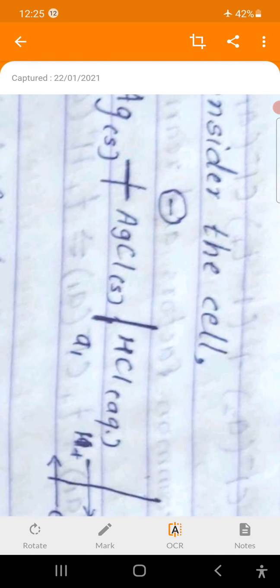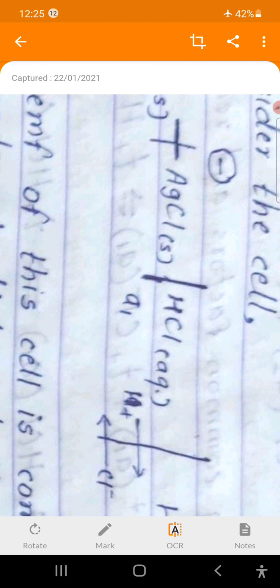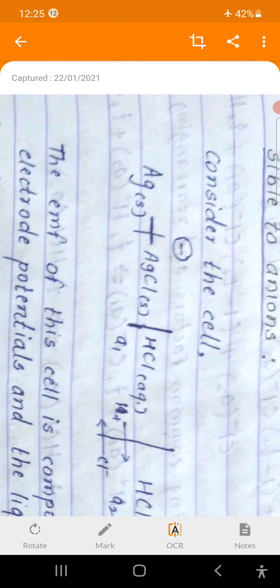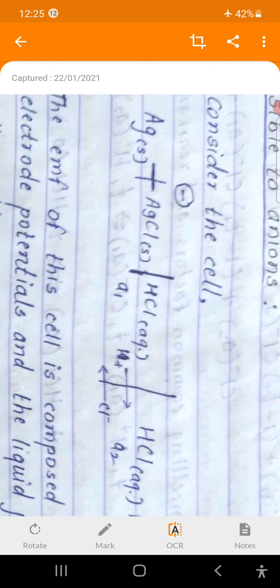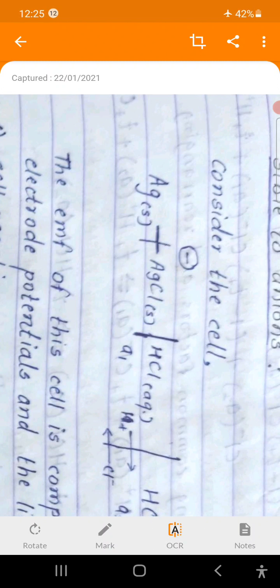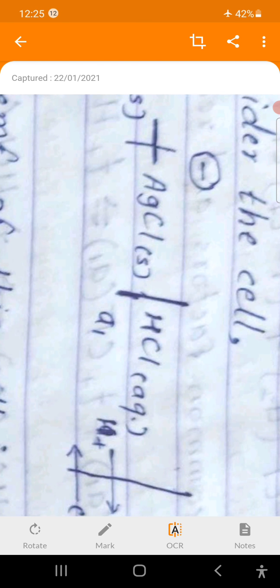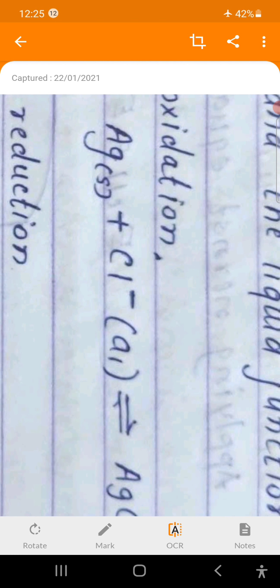Considering the left hand side first, oxidation is there: Ag solid is converted to AgCl. AgCl formation means that the Ag plus formed combines with Cl minus ions from the solution.